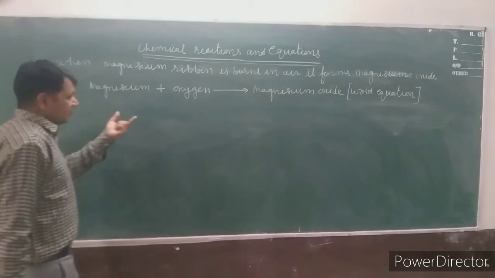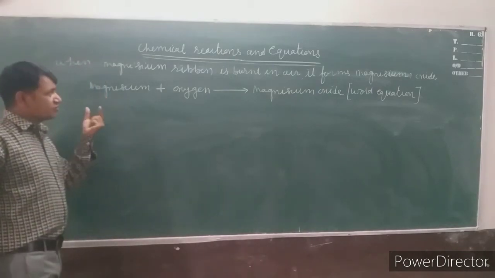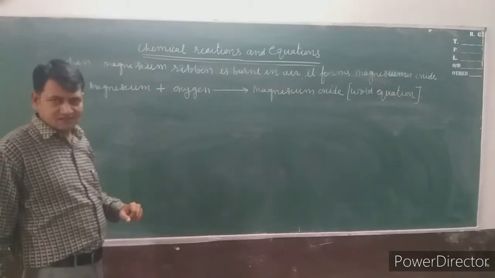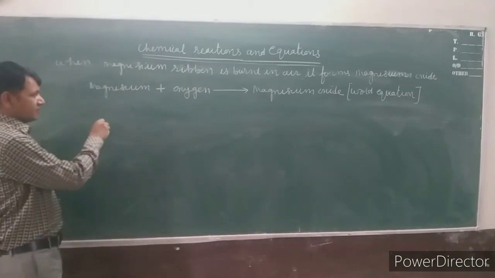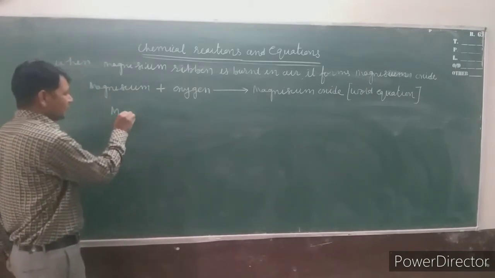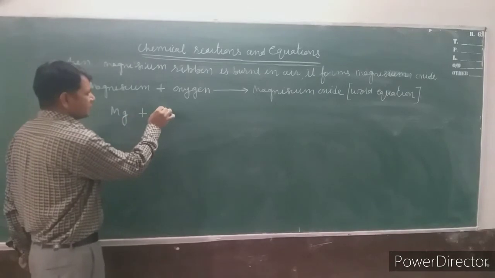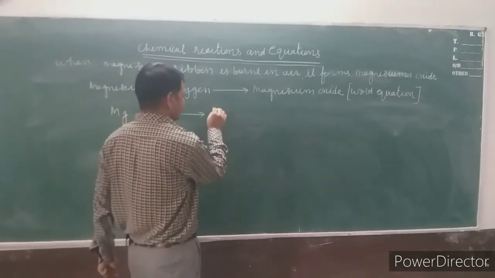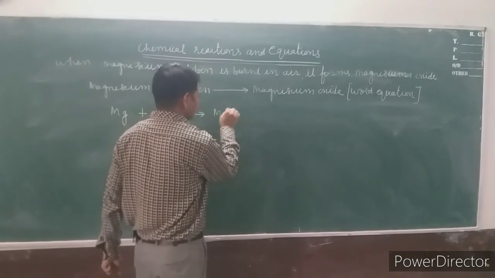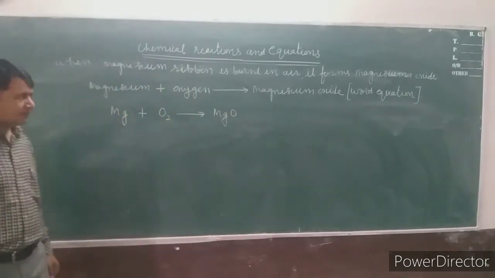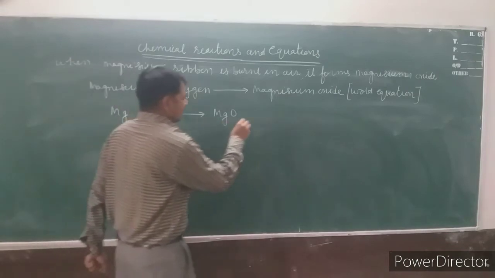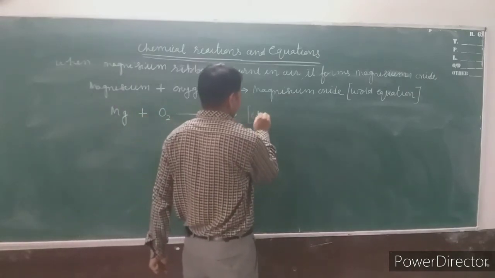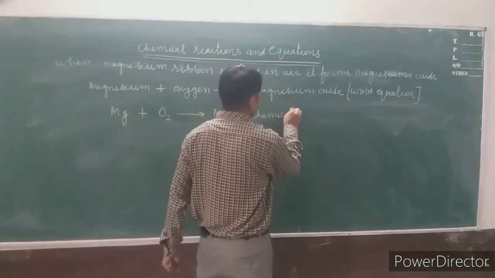Now, if I use the symbols of these substances instead of words, the magnesium symbol is Mg, the oxygen symbol is O2, converting into magnesium oxide. The formula of magnesium oxide is MgO. Such an expression is known as a chemical equation.